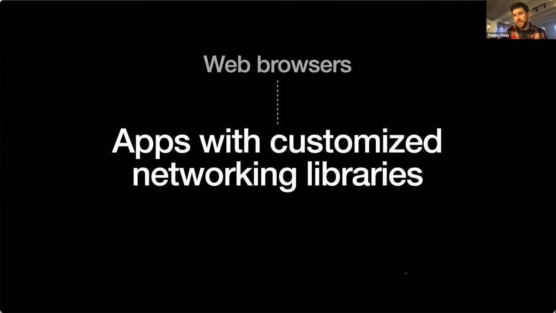And from an operating system perspective, web browsers are just one type of app. But these are particularly big apps that generally ship with their own homegrown networking stacks. And thus, these are people who can afford to do the development work to integrate this new protocol paradigm and figure out what it means for them.